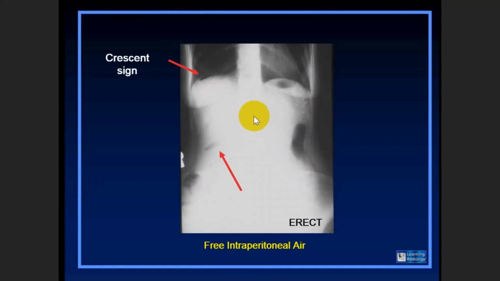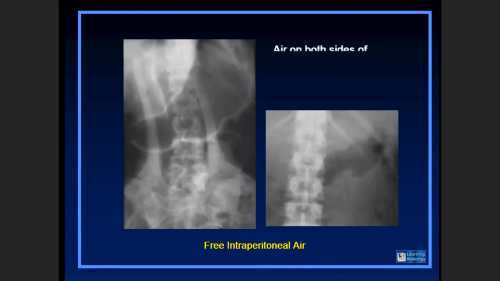Featureless abdomen means there is absence of the normal gas pattern between the different organs. So the abdomen looks like a single image without any lines between its organs. This is the case of free intraperitoneal air, suspected viscus perforation.